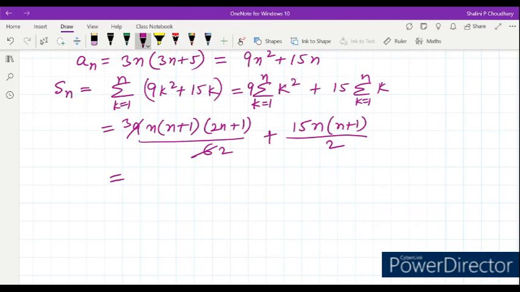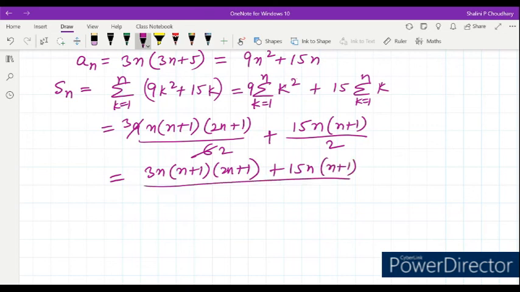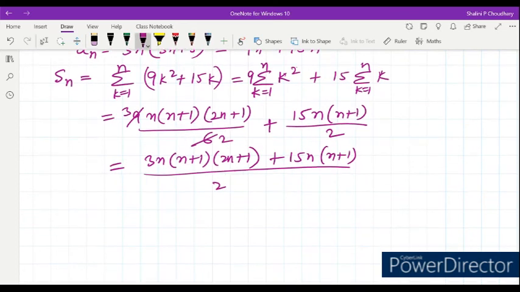Now both have 2 as denominator, so we can write 3n into n plus 1 into 2n plus 1 plus 15n into n plus 1 divided by 2. So what we can do here, we can take 3n and n plus 1 common.